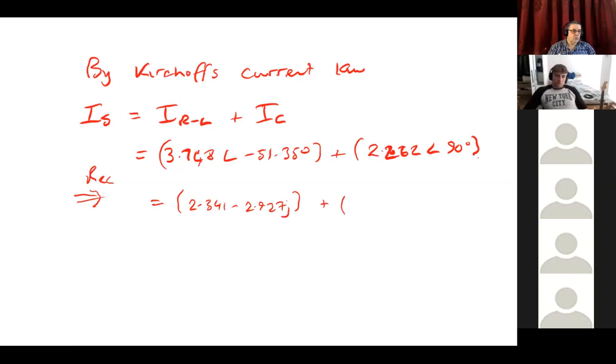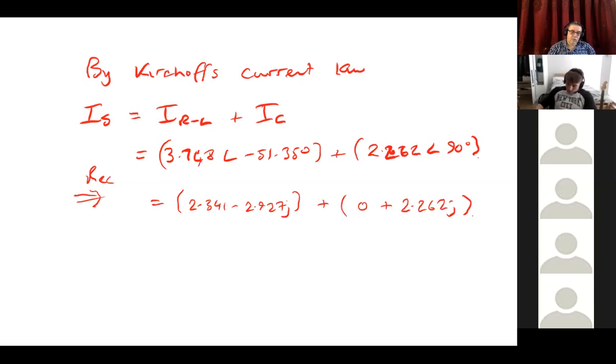I'm going to add that to, I get 0 plus 2.262 J for IC. Now we add them separately.